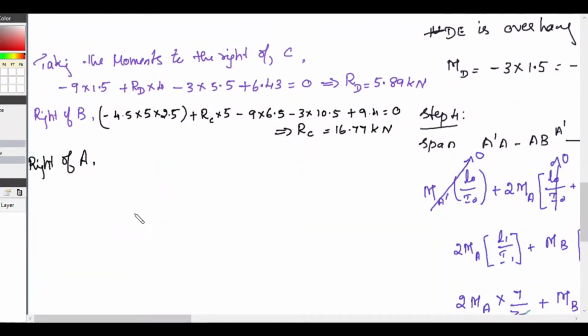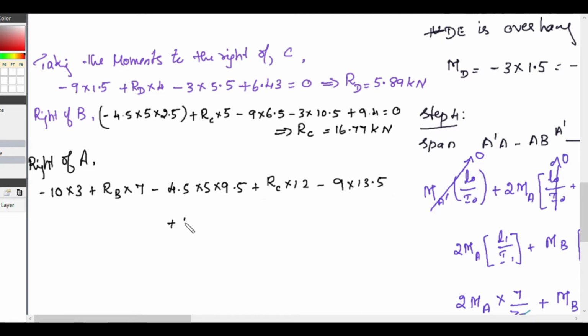So, I will write here taking the moments of the right of A, putting it together: 10 into 3 plus RB into 7 minus 4.5 into 5 into 9.5 plus RC into 12 minus 9 into 13.5 plus RD into 16 minus 3 into 17.5 plus 8.77 is equal to 0. We get RB is equal to 16.21 kilonewton.